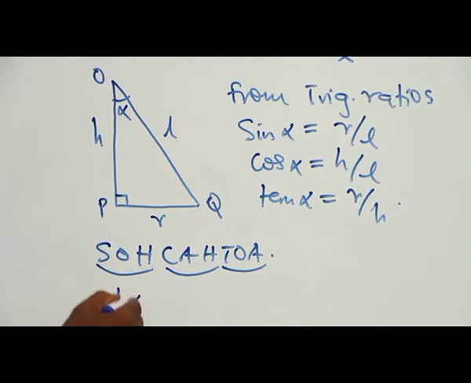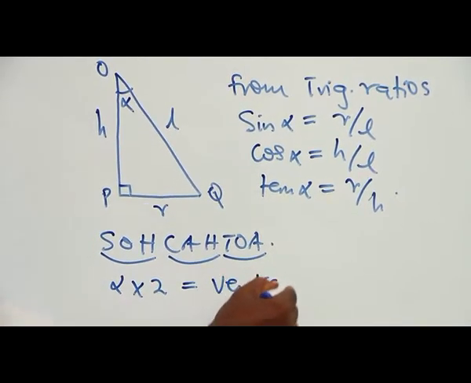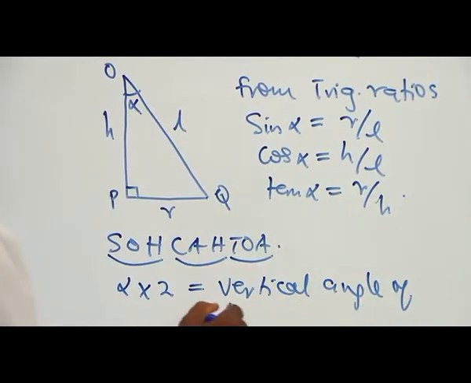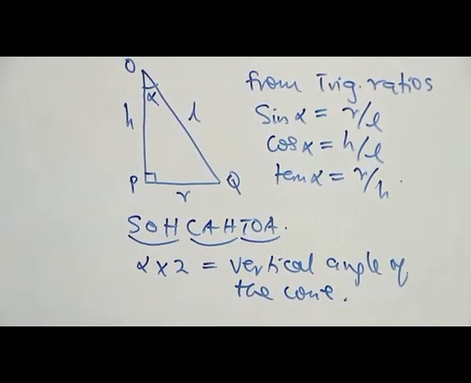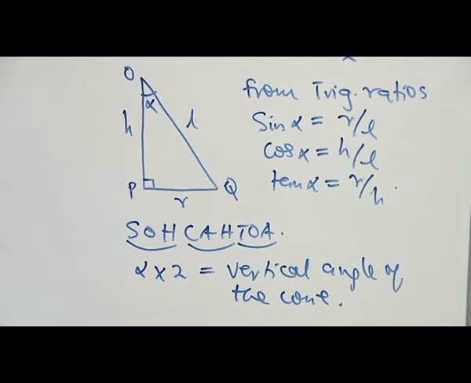So we say alpha times 2 is equal to the vertical angle of the cone. These are the formulas we are going to be using in solving problems involving sector and a cone.